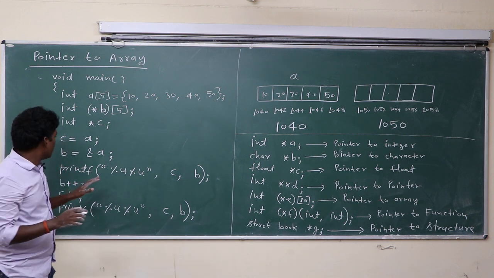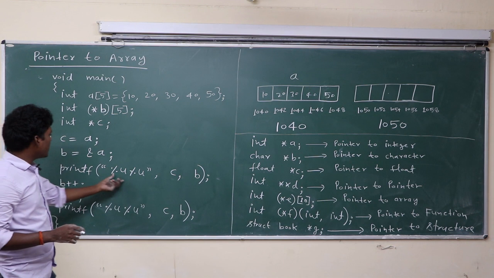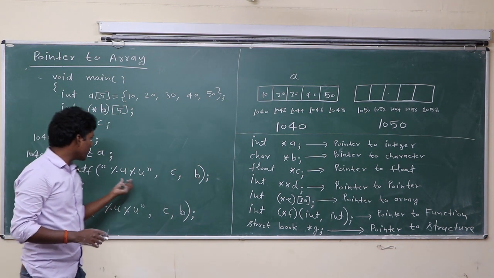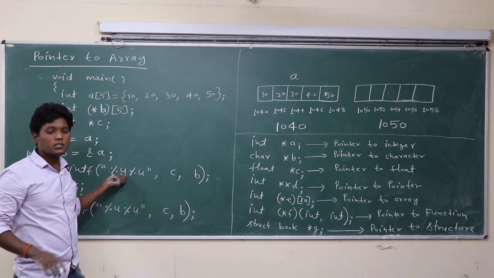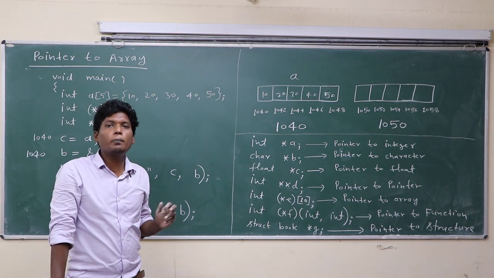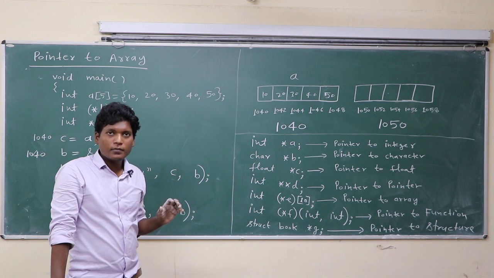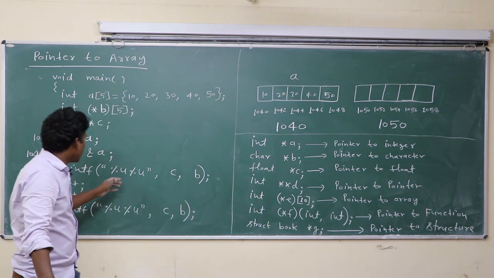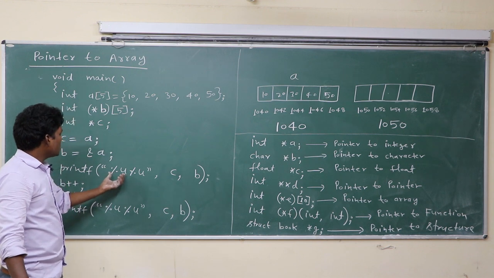Right now we are going to print with %u. This %u prints C, this %u prints B. We use %u because %u is used to print the unsigned decimal number system.